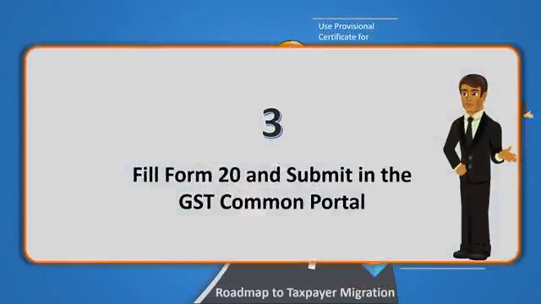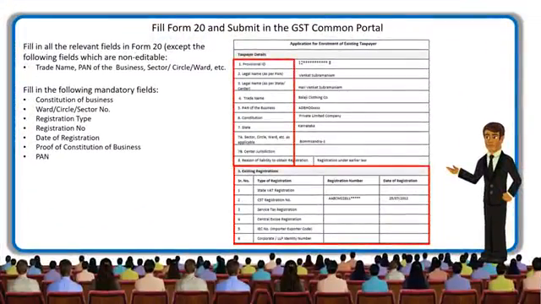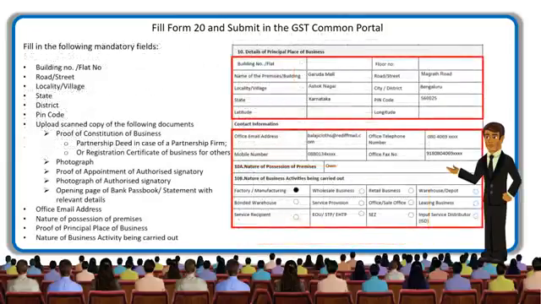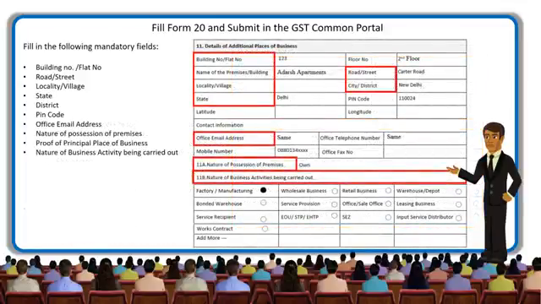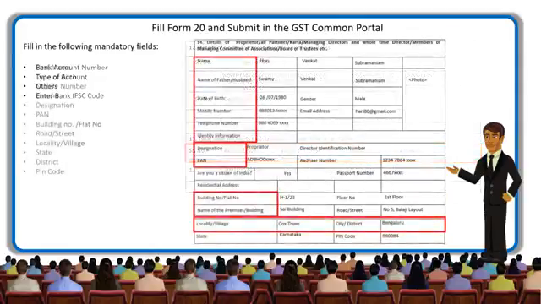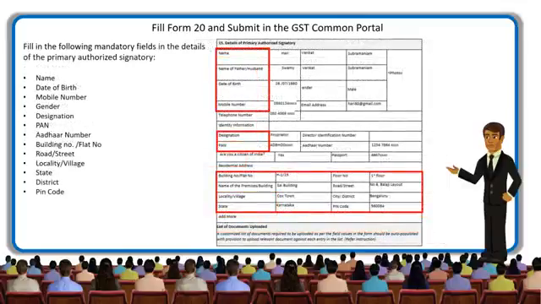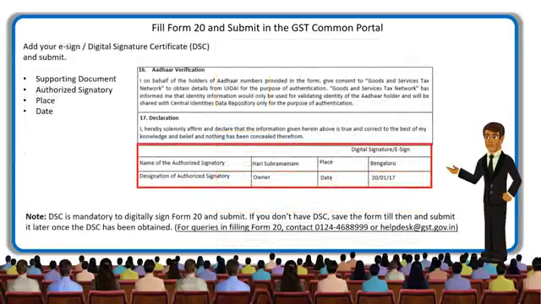Fill in all the necessary details in Form 20 and submit in the GST portal. Add your e-sign digital signature certificate and submit.